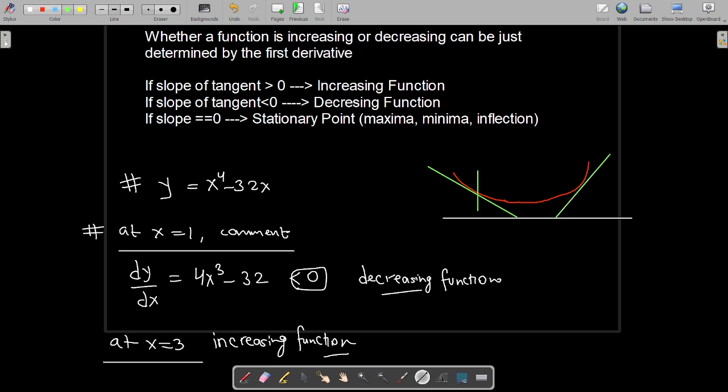Let's say this side was x equals 1 and this one was x equals 3. So it's a negative slope, then a positive slope. So somewhere a slope of 0 must have come, and here is the 0 slope. So it went from negative slope to positive slope.